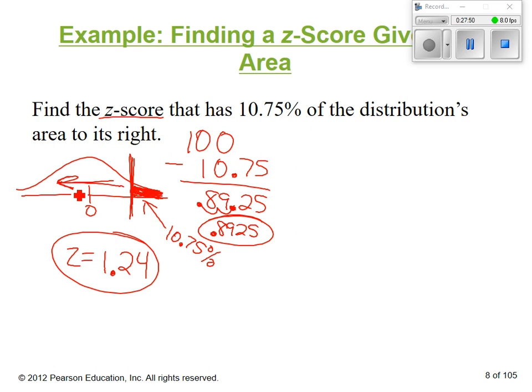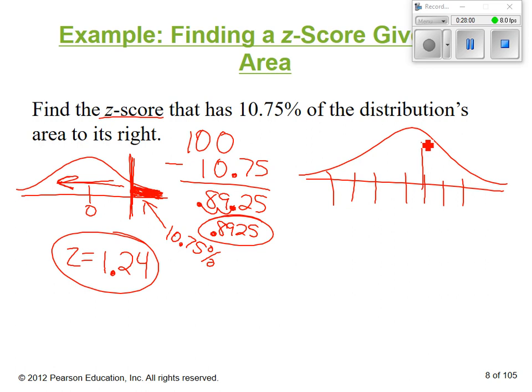Yeah. If we look at our normal curve again, we've got 1, 2, 3, and 1, 2, 3. What percentage is in this part? About 34. This part? 34. This part's about 13.5.